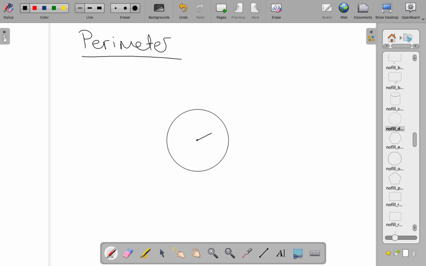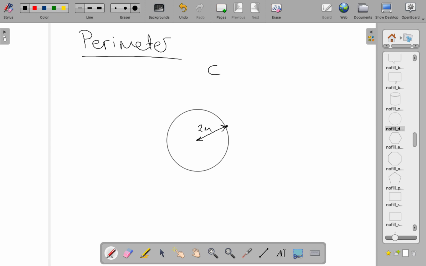And let's say the radius, which is this here, is 2 meters. For circles we have the circumference, which is the same as the perimeter. It's what would happen if you started on a point and walked all the way around back to the same point. That's the same as the perimeter, the circumference, of a circle.